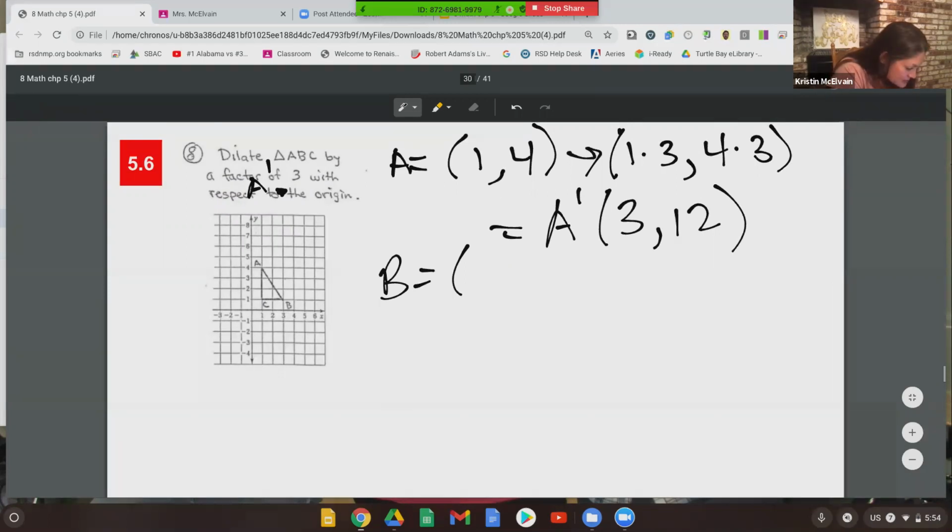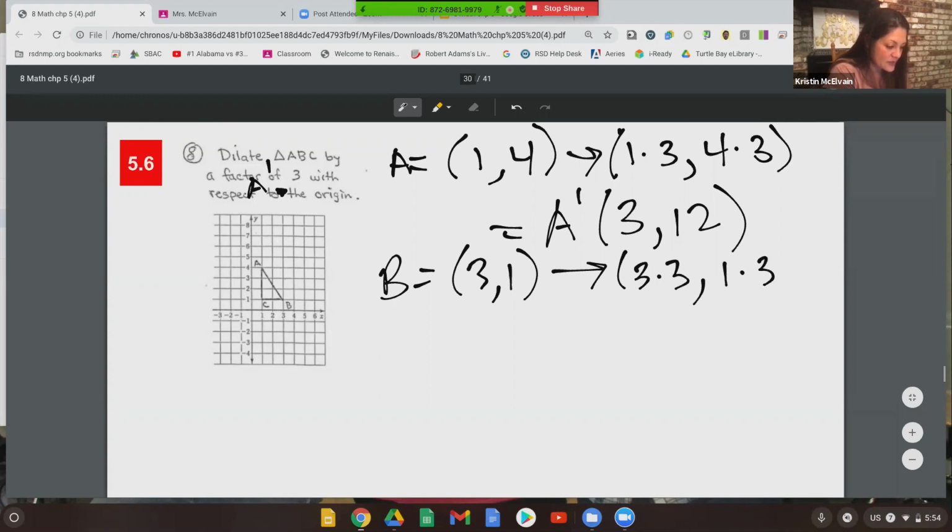Okay, so now we have our B. Our pre-image B is 3, 1. We're going to dilate it by 3. So 3 times 3 and 1 times 3, which gives us an image B1 of 9, 3.